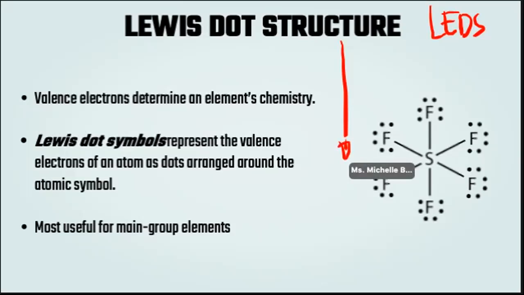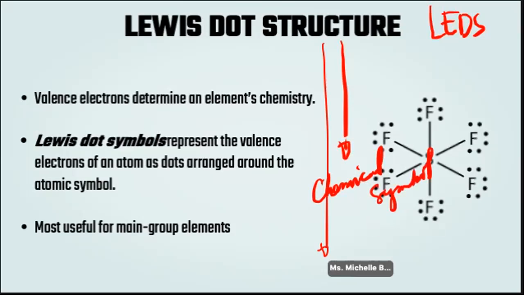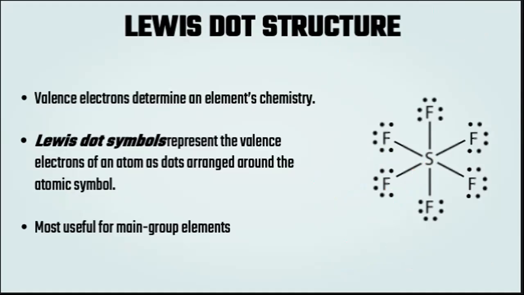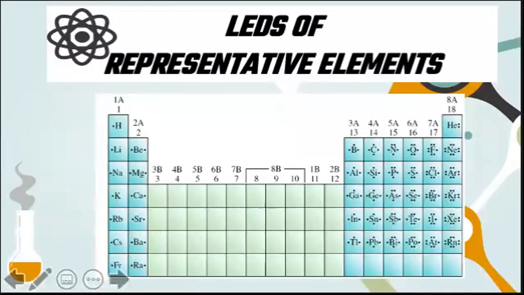This chemical symbol represents the atom. And what else is it made up of? Dots. These dots represent the valence electrons. So it's most useful in representative elements.